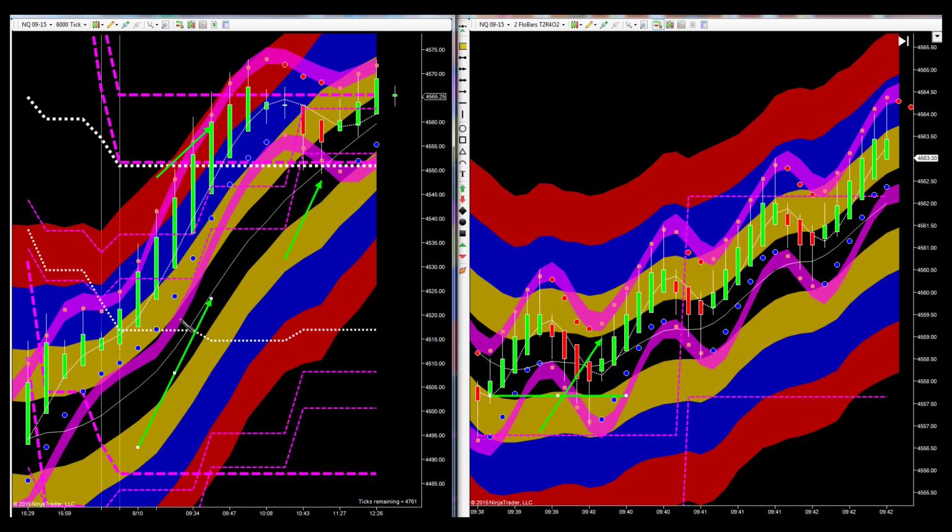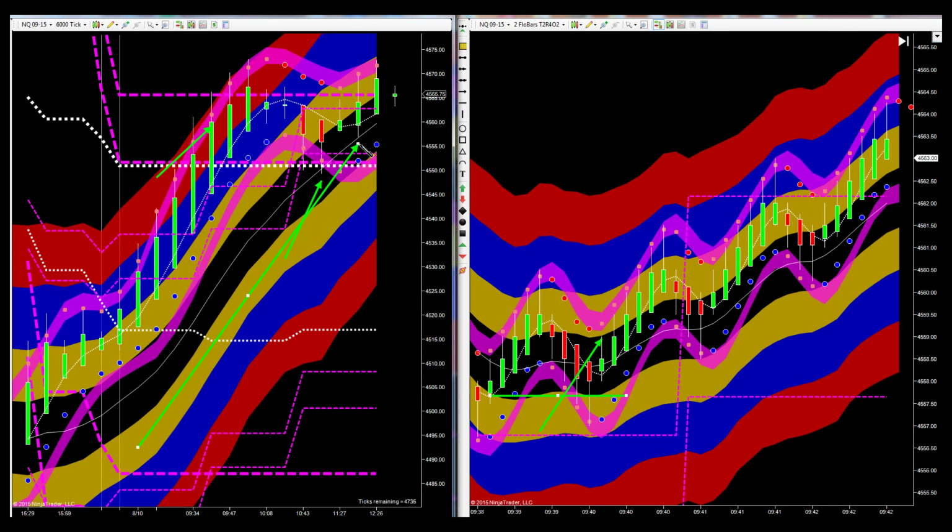In other words, when the dots are blue and above it, this is a very strong trend. When the dots are below blue and below the solid white midline, that means the energy is starting to get weak. You'll notice out here as we're looking at the market in real time, these dots are below this solid white midline.